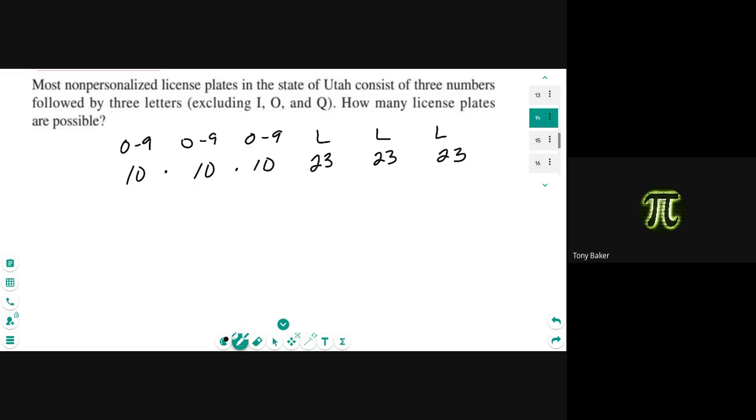Okay, so how many license plates are there? I think you're off by 1-0. Oh yeah. Just over 12 million.